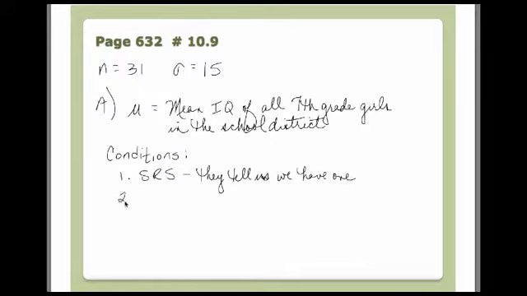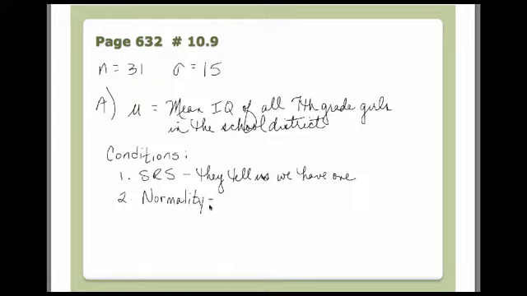The second one was normality. Remember that this is the issue that, okay, if we know the population is originally normal or approximately normal, we can be assured our sampling distribution is as well. They don't really tell us anything about that in here. Sometimes they will, but they don't here.